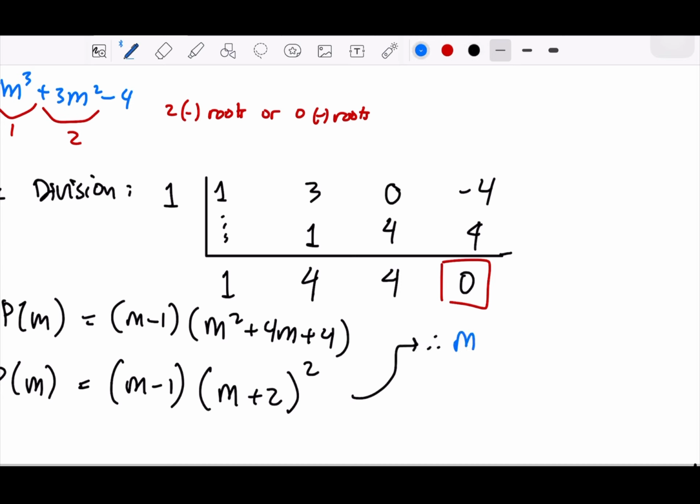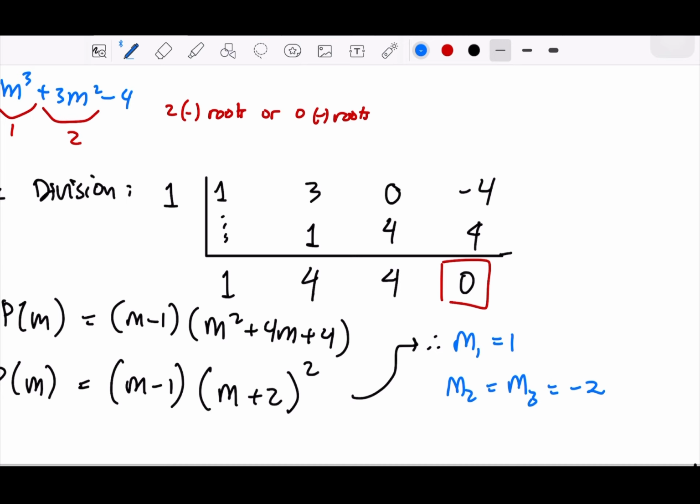The m1 is 1, m2 is equal to m3 is equal to negative 2, and it's correct. One positive root and 2 negative roots. The 2 negative roots have the same value, negative 2. And because of multiplicity, we also regard this negative 2 as 2 different roots, m2 and m3, but it has the same value.